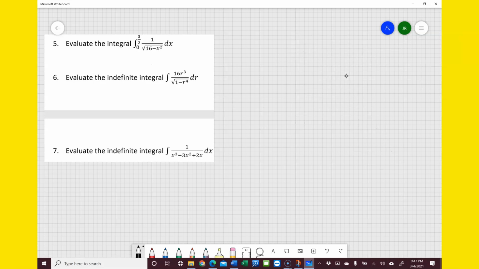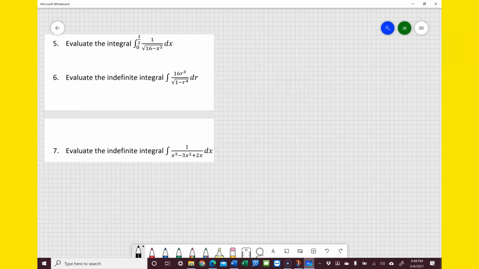Okay. Number 6. U substitution seems like a good idea, because if we let u be 1 minus r to the 4th, then part of that derivative is going to be an r cubed that would probably cancel this r cubed on top.